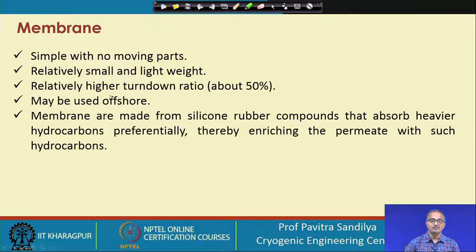They also give a much higher turn down ratio than the vortex tube and the twister tube, about 50%, and may be used for offshore applications. As I was telling you, the membranes are made from silicon rubber compounds, which result in the separation of the heavier hydrocarbons from the lighter ones.